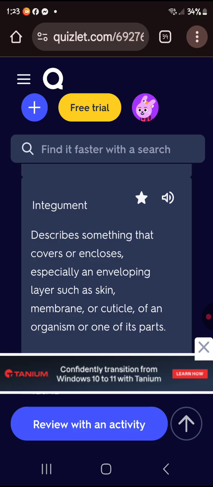So our skin is integument because it envelops our organs and skeleton, I guess.